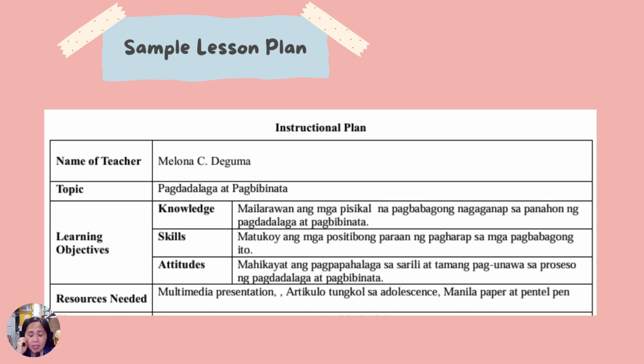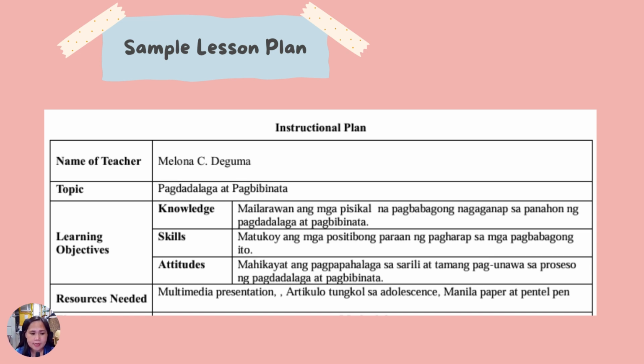For the knowledge, it's more on targeting competencies that enhance our students' capacity to think, that is to analyze, to evaluate, to synthesize. So in here, knowledge: mailalarawan, meaning describe, to describe the physical changes that will occur during adolescence, na pagdadalaga at pagbibinata.